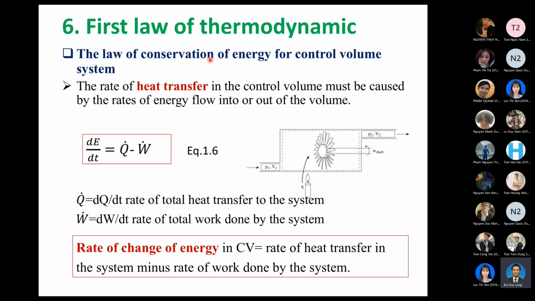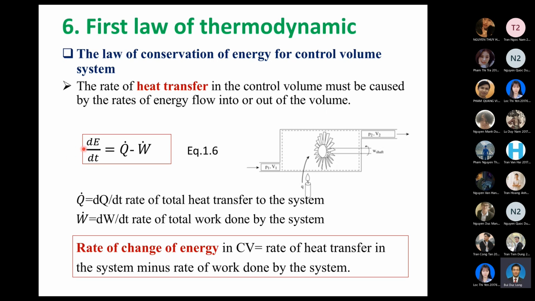The law of conservation of energy for control system, so we will consider the conservation of energy for control volume system, or for open system. We consider first the rate of heat transfer in the control volume, which must be caused by the rate of energy flow in or flow out of the volume, as I mentioned before.